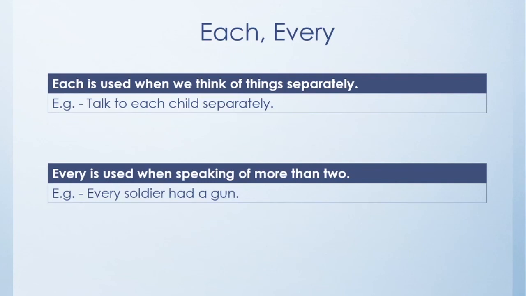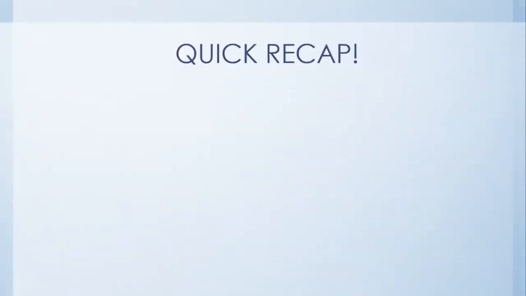Let's keep this in mind that each is used when we refer to a small group or when the group is limited and definite. Every is used when the number is large or indefinite.